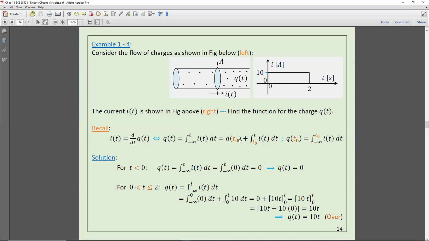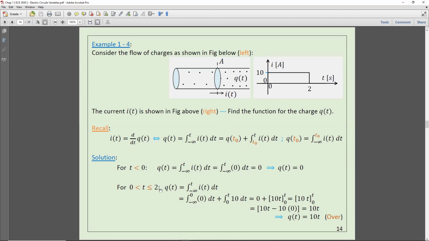And that's what I'm going to do here. If you look at the initial value when I look at this part from 0 to 2, t0 here is 0, and this initial part I already calculated was 0. So I'm going to say this one here from minus infinity to t, and t is between 0 and 2.